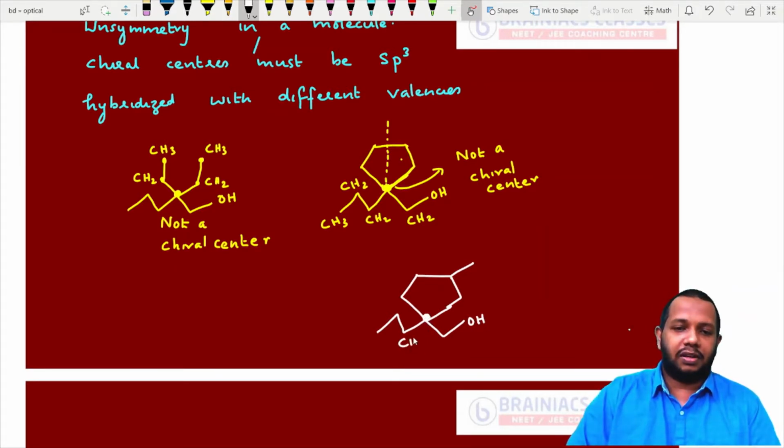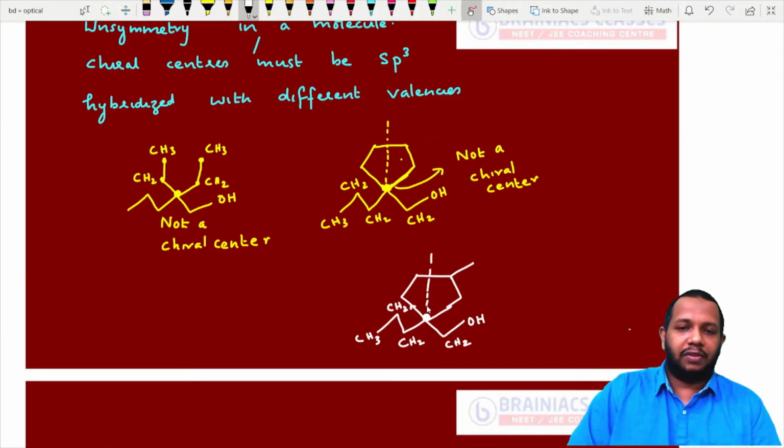So we will see here CH2, here also CH2 and CH3. This is a propyl group, and here CH2OH is present, and the next two are actually connected to the ring, and we could find that both halves are different. This half is not the same as this one, so I can say this is a chiral center.